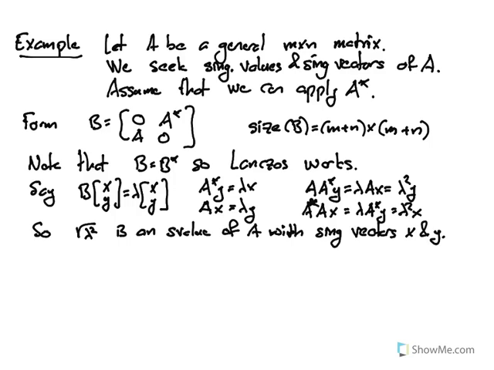And notice that these actually come in pairs. So let's apply B to the vector (A star y, Ax). Then this is equal to A star A. Is that right?